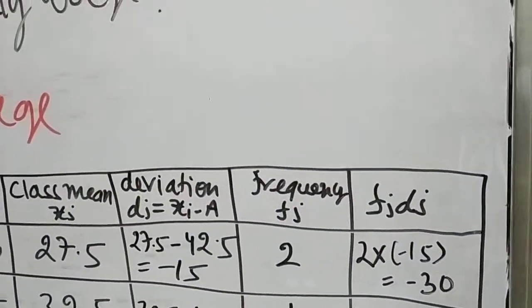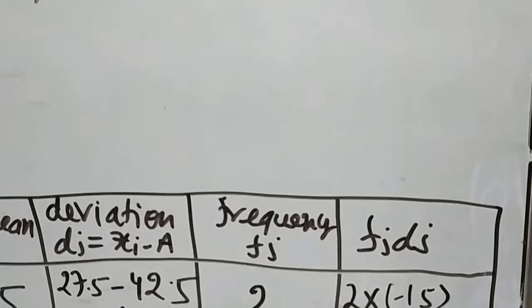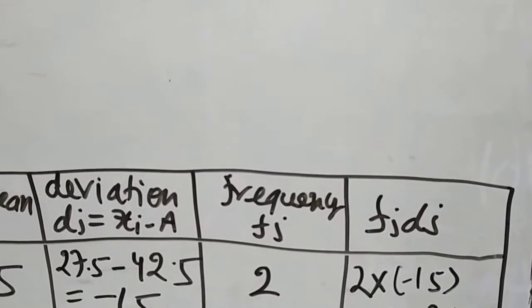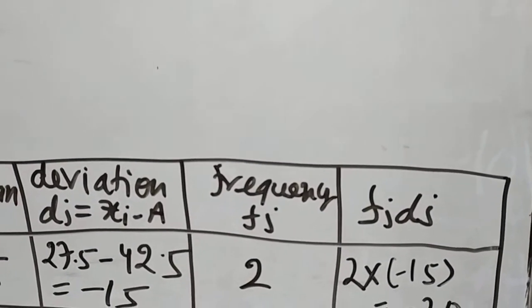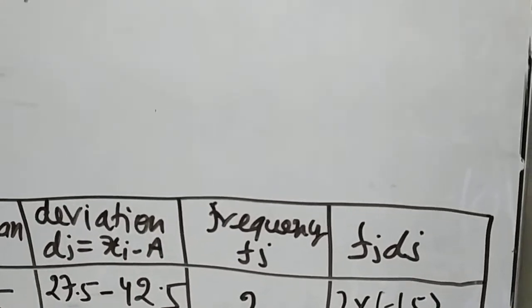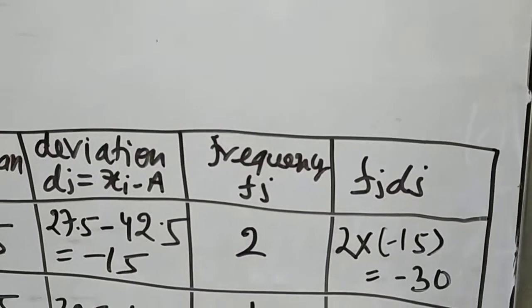Now calculate FiDi as we need in the formula. FiDi is nothing but the multiplication of this frequency column and the deviation column.